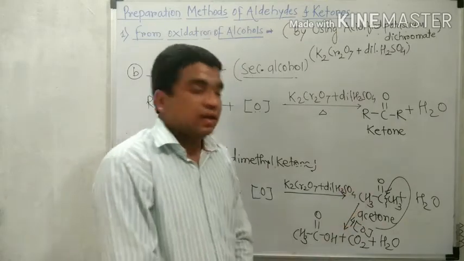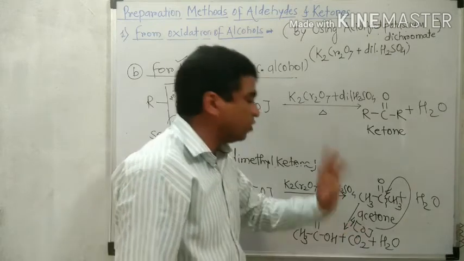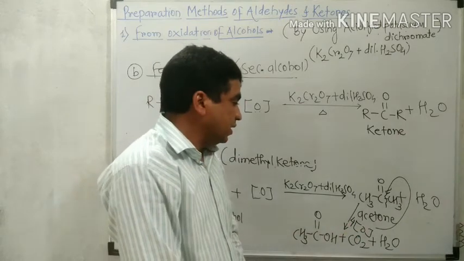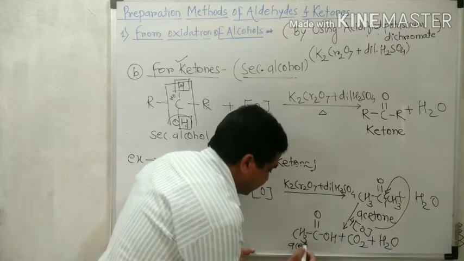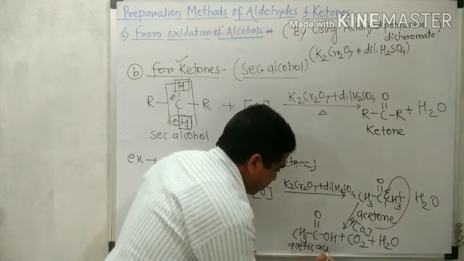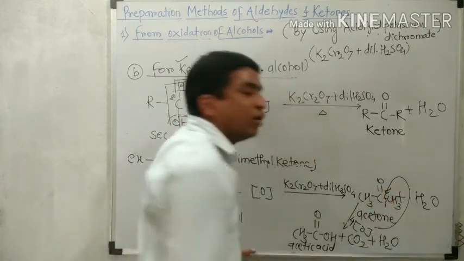This is a drastic oxidation in which 4 nascent oxygen atoms get added. Here acetone is converted to acetic acid. How is the acetic acid formed? The breaking of this carbon-carbon bond also takes place.